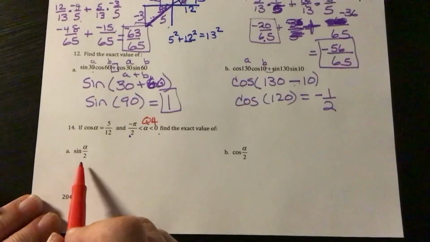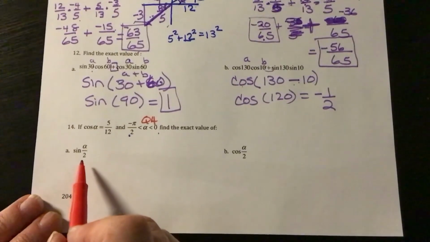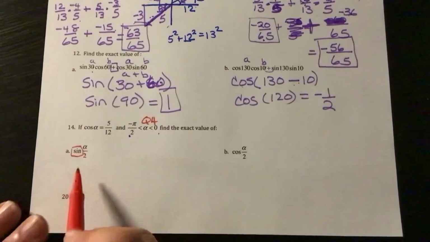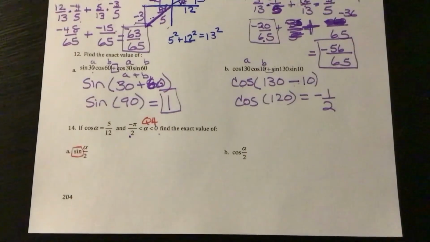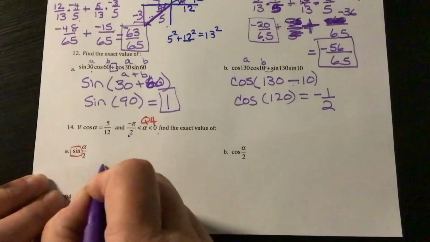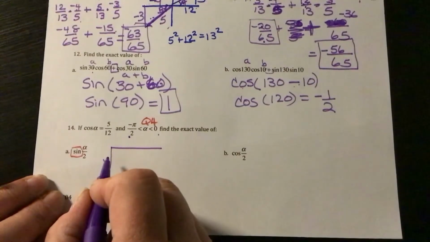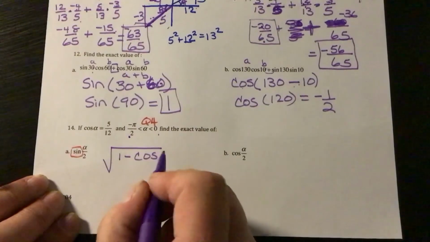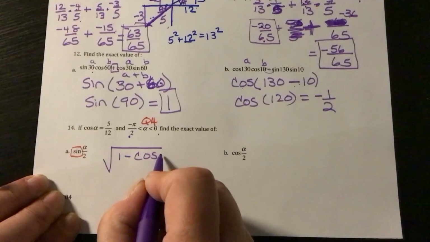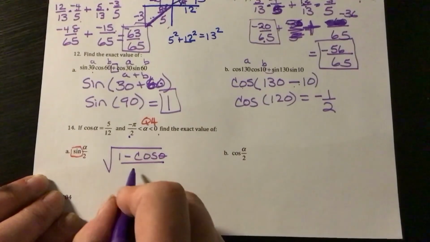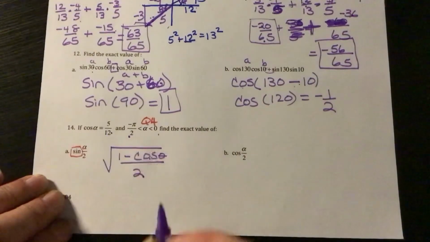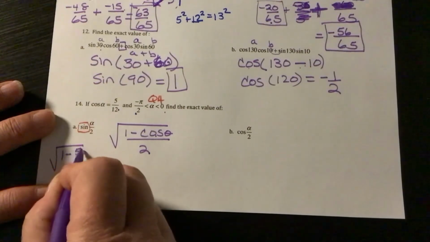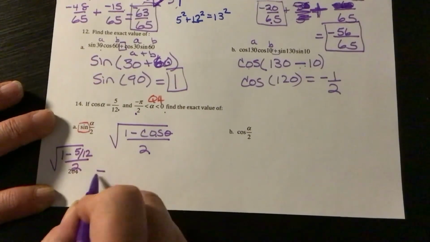So if this is in quadrant 4 and I'm finding sine of half of that angle, I am going to use the formula square root of 1 minus cosine of my angle divided by 2. Well, cosine of my angle is 5/12. So this gives me 1 minus 5/12 divided by 2.